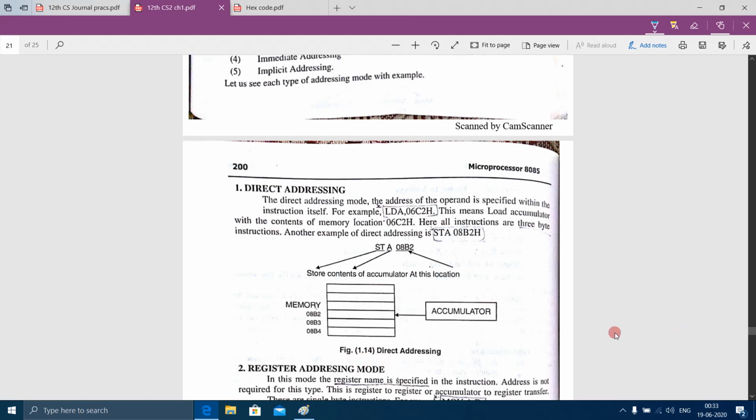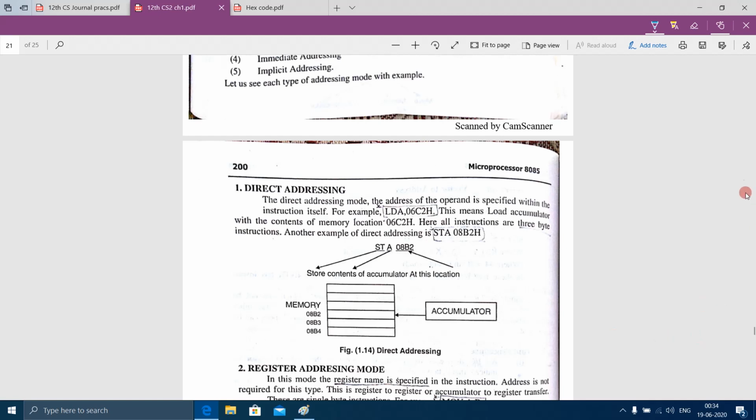The data which is stored in one register will be copied into another register. So how the data is addressed by the instruction determines the respective addressing mode.